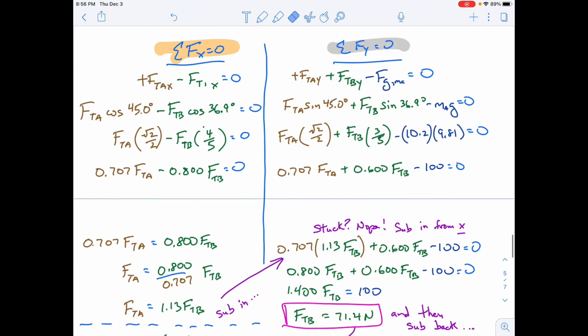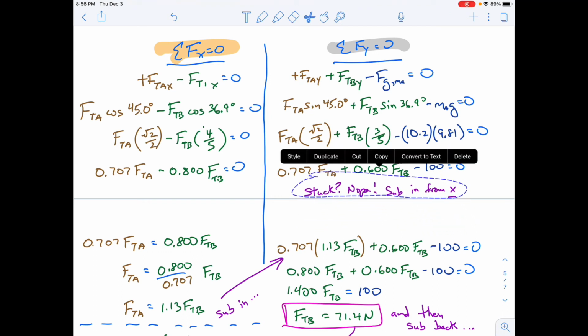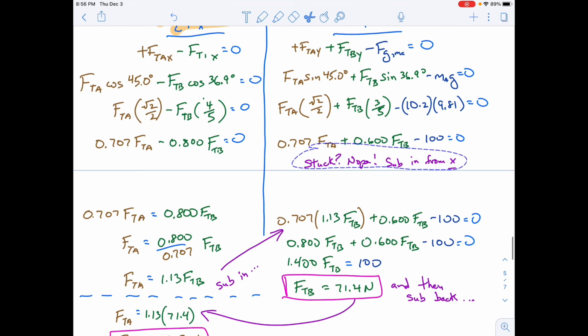What you can do, of course, is, it looked like earlier you were stuck. But you're not stuck because you can substitute in from x. How did I know that?